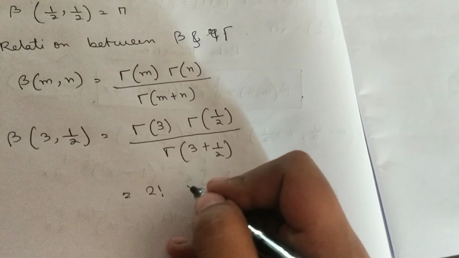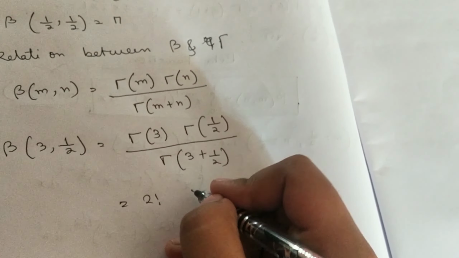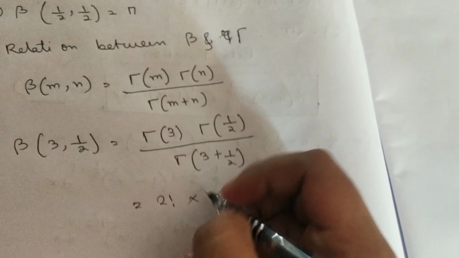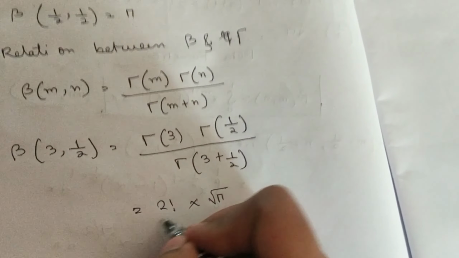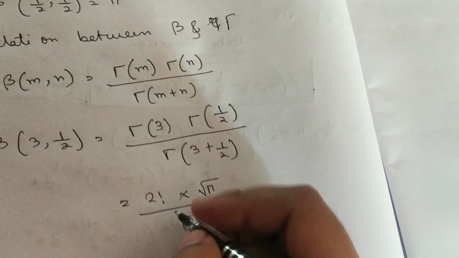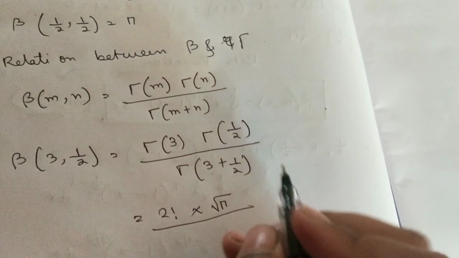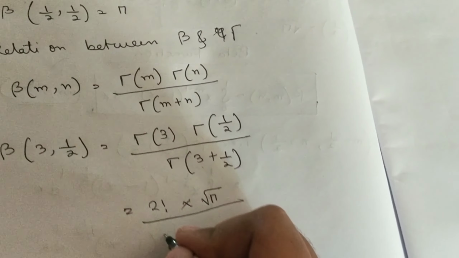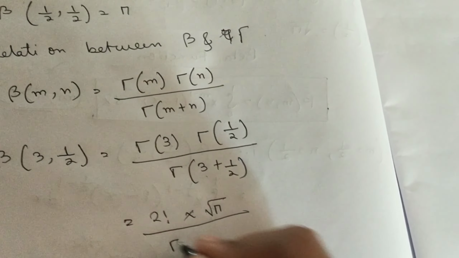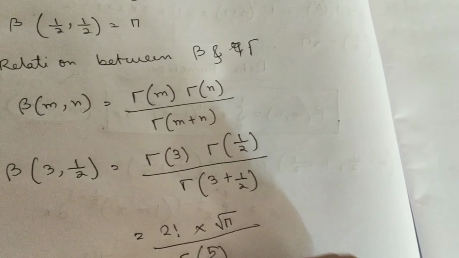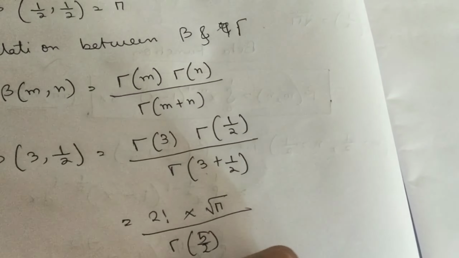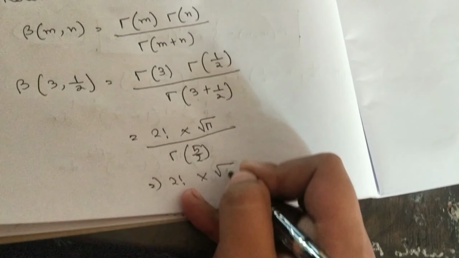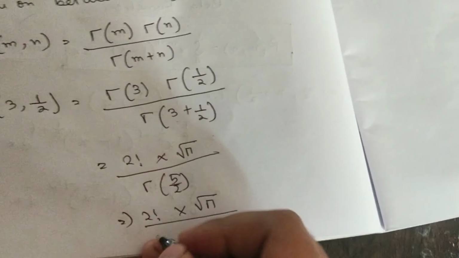We have learned in the properties of gamma, right? Gamma half we know is root over pi. So gamma 3 plus half is 5 by 2, right? So gamma 5 by 2.